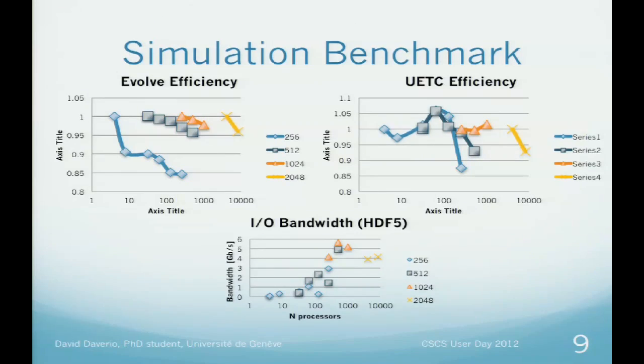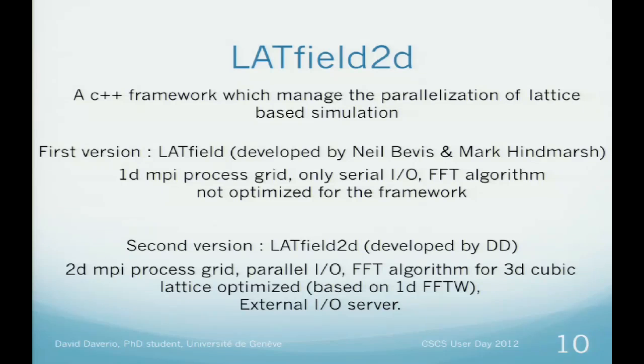But it's in the code and it works pretty well. Basically, to perform this simulation, we developed a C++ framework named Latfield 2D. The first version was developed by Martin Marsh and Niels Bevis. It is a pure MPI code.